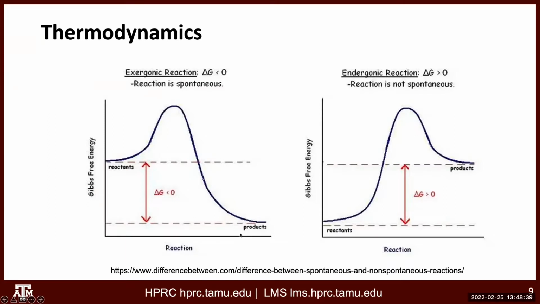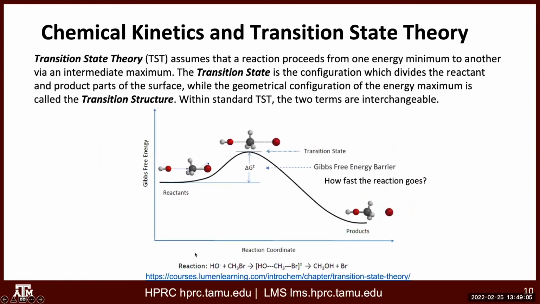A reaction that is spontaneous doesn't mean that the reaction is going to happen at a speed that you can observe. So we also want to know the kinetics. If the barrier is very high, then it can hardly overcome the barrier and become the product. So even if it's a spontaneous reaction, it might not necessarily happen.